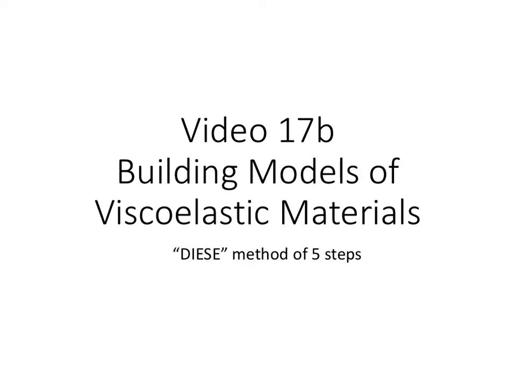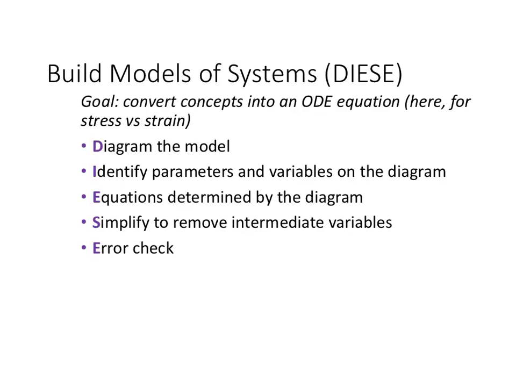In this video, we talk about building models for viscoelastic materials using what I call the DIESE, D-I-E-S-E method of 5 steps, just that abbreviation can help you remember the steps. Our goal in building models of viscoelastic systems is to convert concepts into differential equations, in this case for stress versus strain, although this system of model development can be used for a lot of different types of systems models in chemical engineering, mechanical engineering, and electrical engineering.